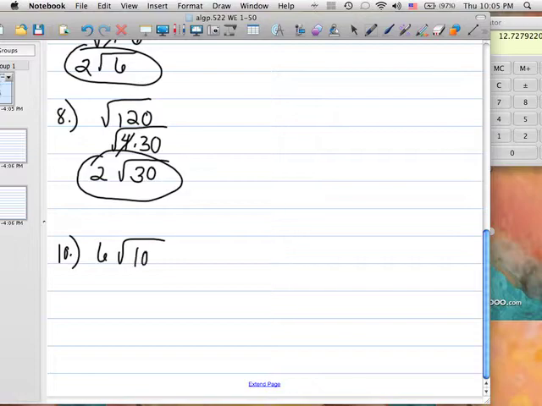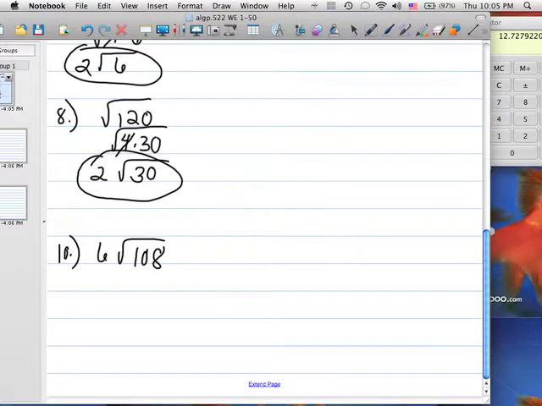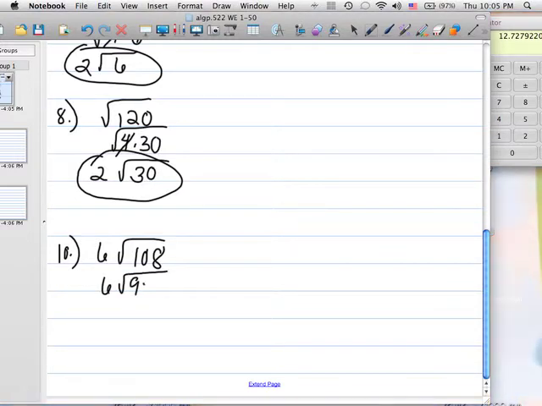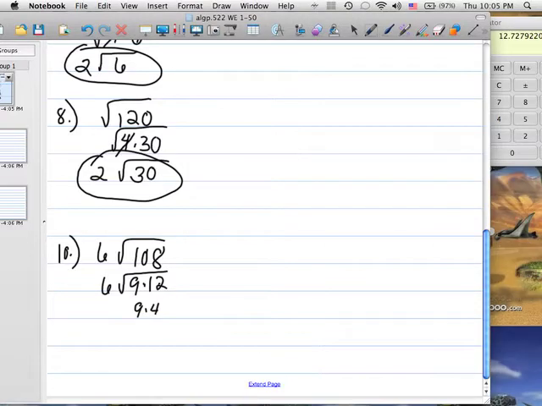Problem number 10, we have 6 radical 108. Let's see, let's try 9. So it'd be 6 times 9, 9 goes in there 12 times. But 12 has a perfect square in it, which is 4.